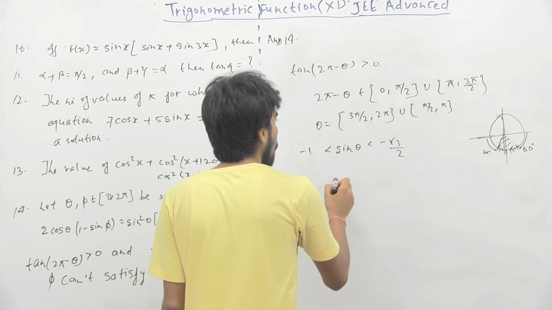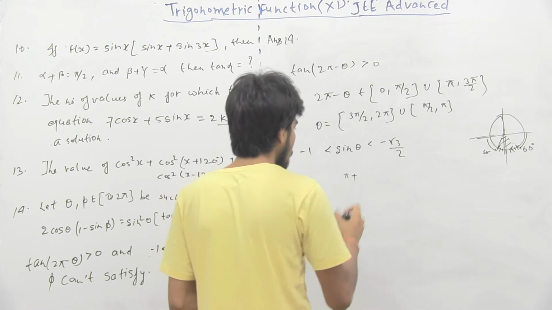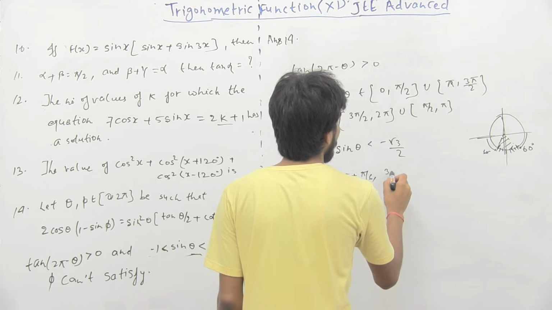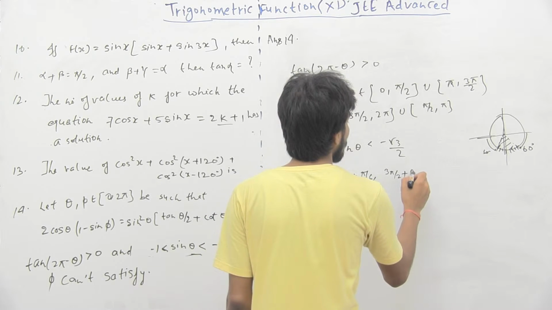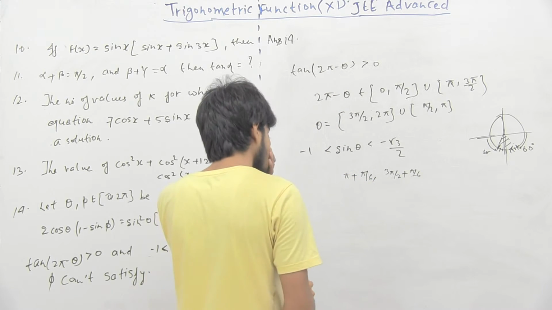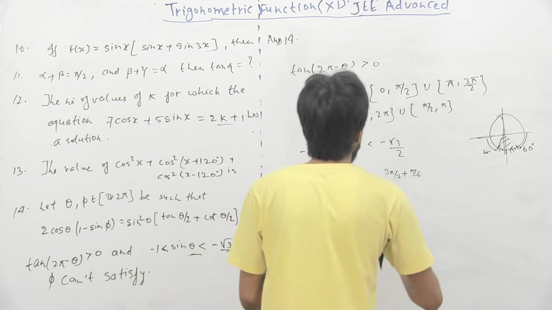So what is the range? π plus π/6 to 3π/2 plus π/6. Sorry, π/3. It's 60 degrees, no? π/3.